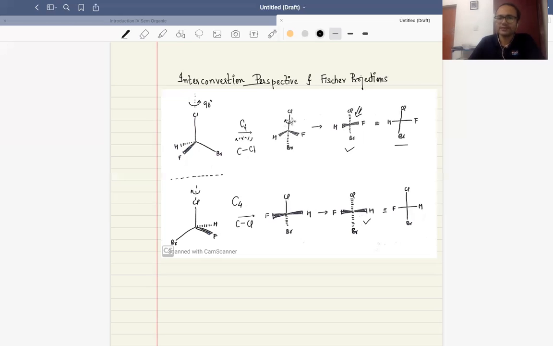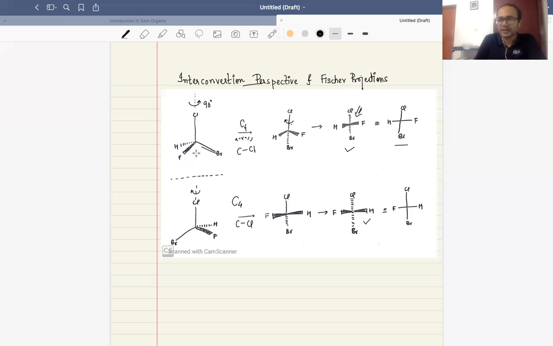So if I rotate in a clockwise way, the Br will be coming on the right side and it becomes a solid line like this. Okay, and then your hydrogen, which was on the left side, is going behind, and fluorine which is on the right side has come to the front.